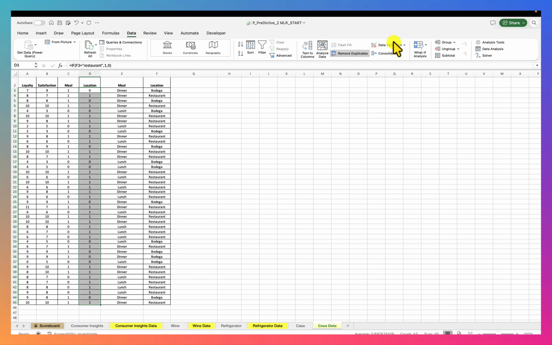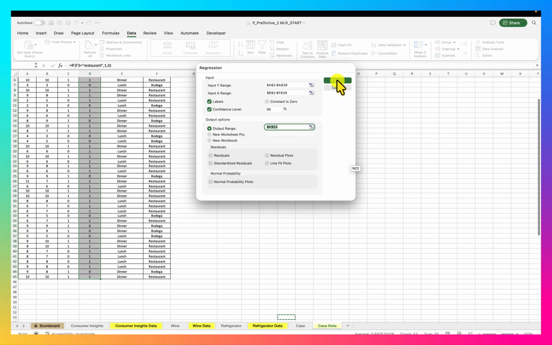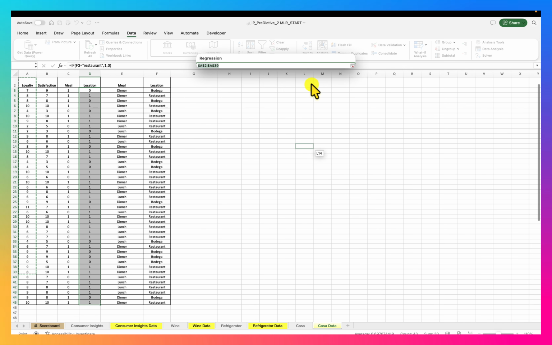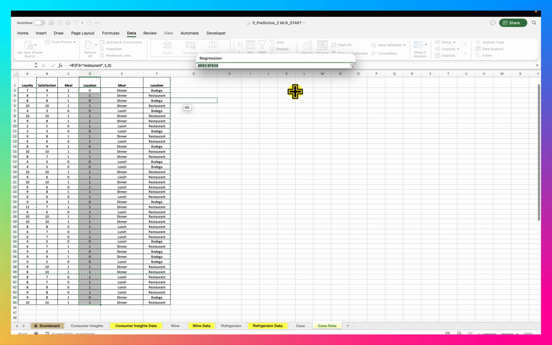Now we can run the data analysis toolpack. So Y goes down, all the way down. Get all the data. And then X is just the quantitative. Leave off the qualitative stuff that was recoded.